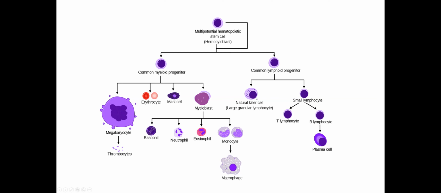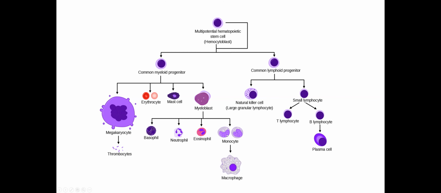They do not recognize a specific antigen. They just recognize whether the cell is self or foreign. So this is a little exception among lymphocytes, but this is innate. And among the myelocytes, one of the representative ones is the macrophage.